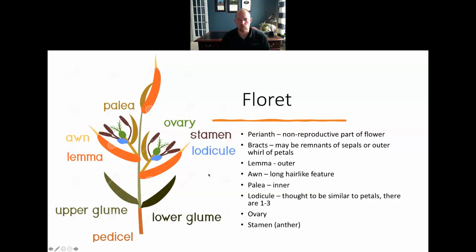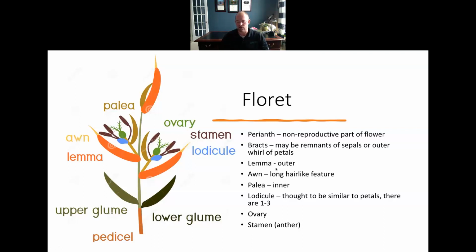And then we get into the floret itself. So the floret or the actual flower. So these would probably be synonymous with the sepal on a typical flower that we would think of. And then you actually get into the actual flower and the floral structures itself. So we have the perianth, which is the non-reproductive part of the flower. Okay. We have the bracts, which are the remnants of sepals or outer whorl of petals.